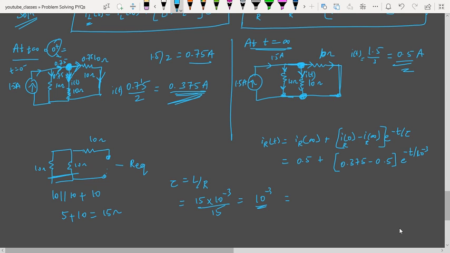So 0.375 minus 0.5 gives minus 0.125, into e power minus t by tau. 10 power minus 3 becomes 1000, so 1000 t. So the answer is IR of t equals 0.5 minus 0.125 into e power minus 1000 t. Okay, this is the answer for this problem.